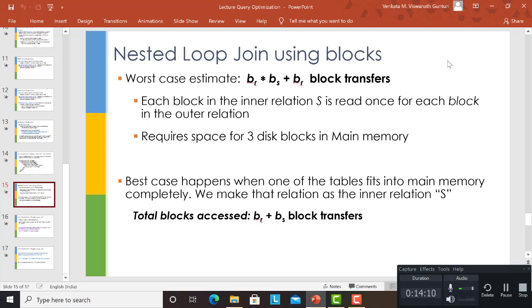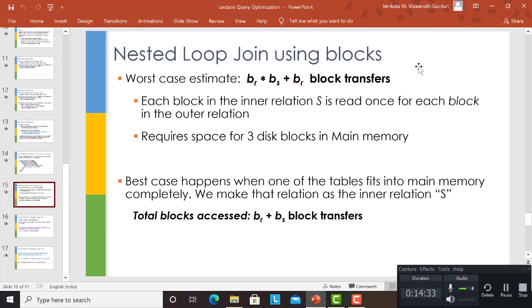Primarily the reason being that it's hard to estimate that, unless you have, in actual databases, they maintain some histograms and all that, and using those histograms they estimate the cost of the intermediate result. But for a UG level course, it's too much, right?